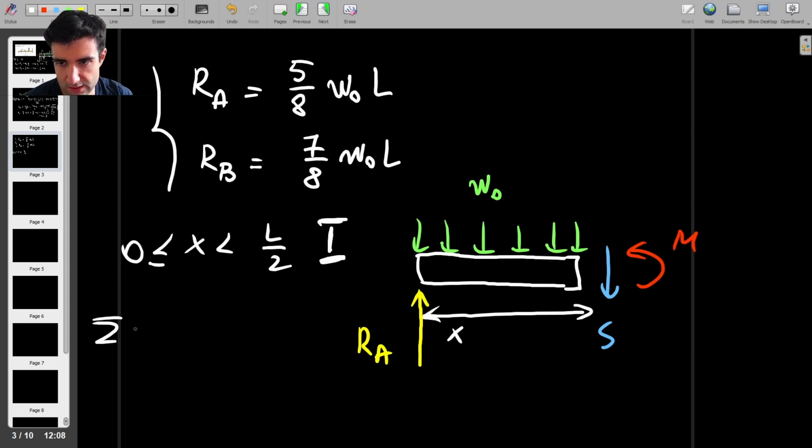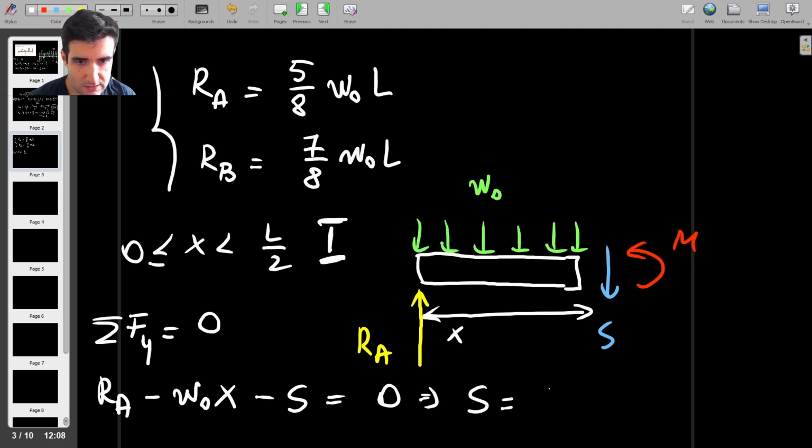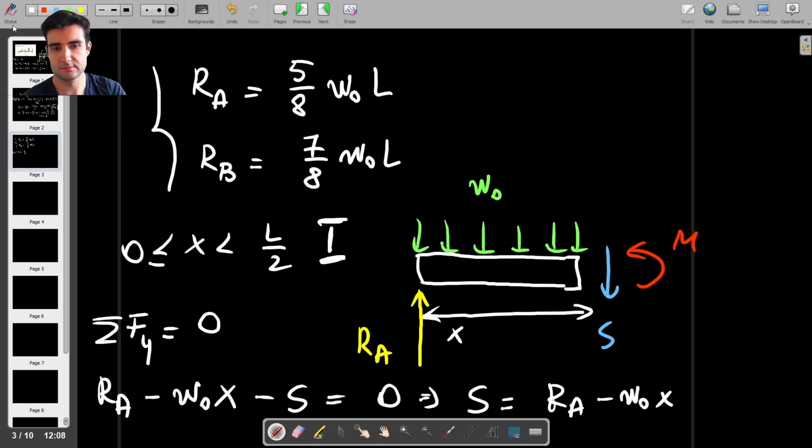So we have, again, sum of forces in the y direction equals 0. We've got RA, which is up. We have minus W naught times x, which is down, and then we have S, which is also down due to the convention. So then my shear force is RA minus W naught times x.